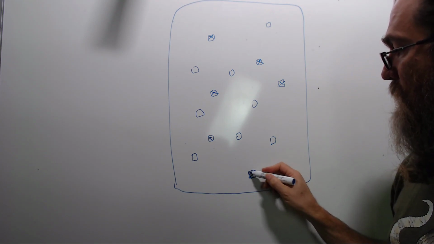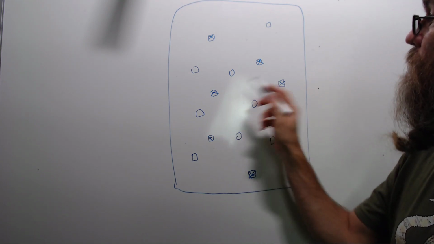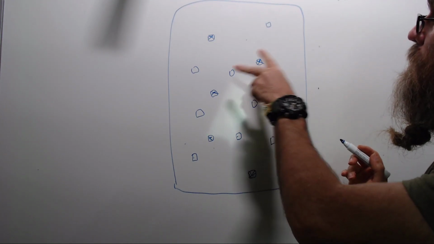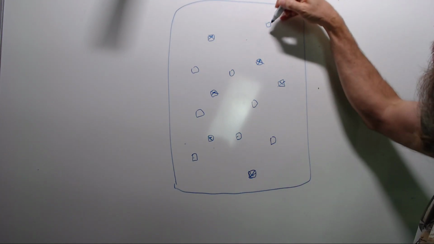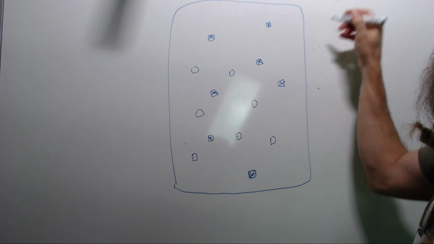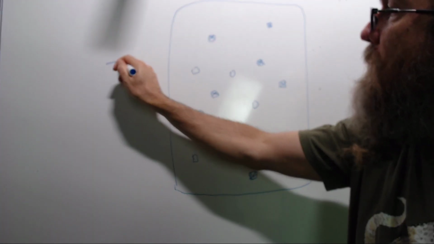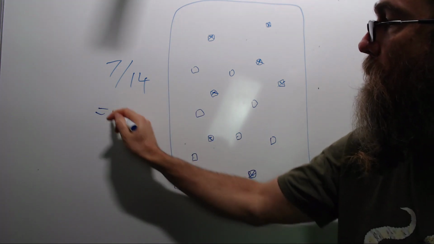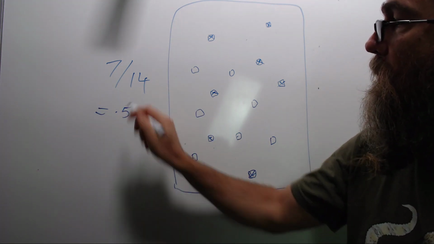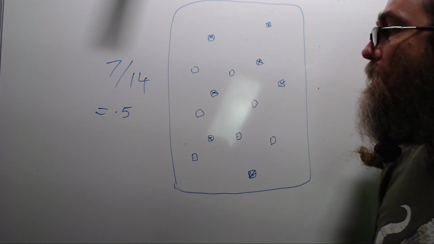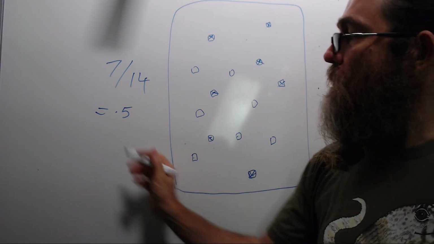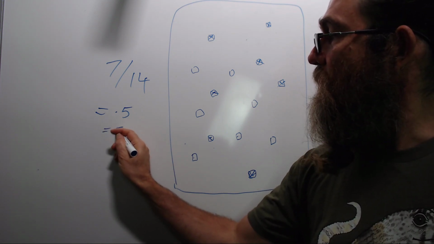So I've just gone through and arbitrarily chosen 1, 2, 3, 4, 5, 6 out of 2, 4, 6, 8, 10, 12, 14. I'll go another one. So that's bush rats occur at 7 out of these 14 sites, or at half of the sites, which also equals 50%.